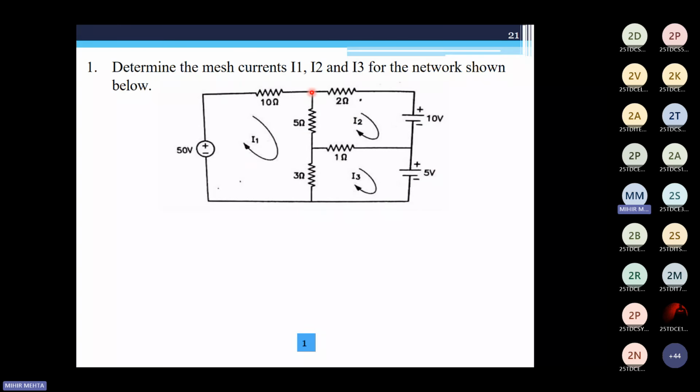If you focus here, I1 is moving from top to bottom across your 5 ohms resistance, whereas I2 is moving from bottom to top in the 5 ohms resistance. So this would be I1 minus I2 into 5 ohms. Since we are moving in the direction of I1, this becomes minus of 5 into I1 minus I2. Is this clear?